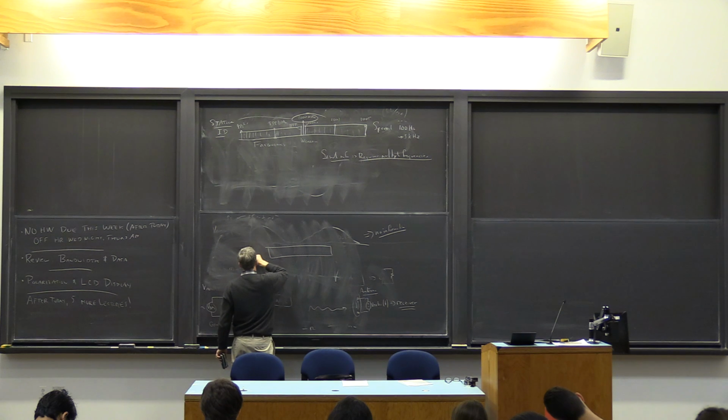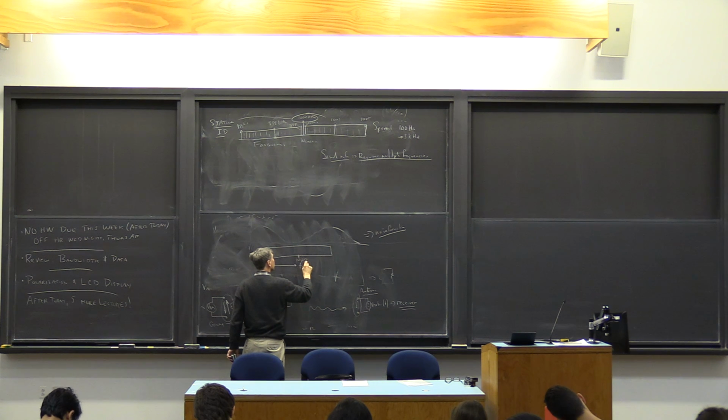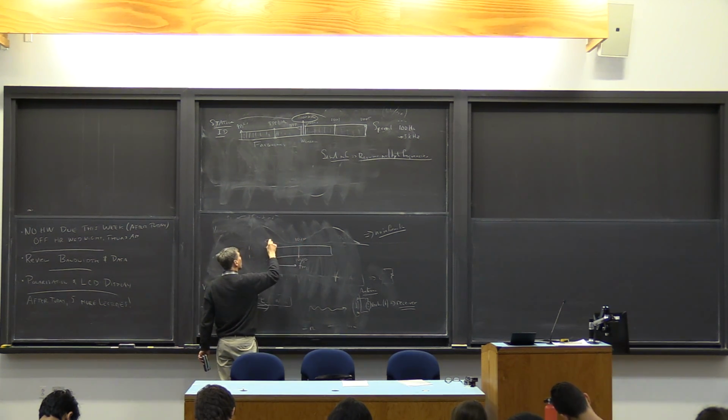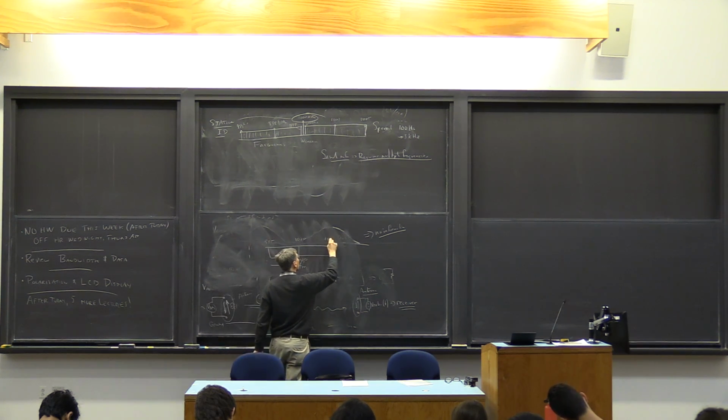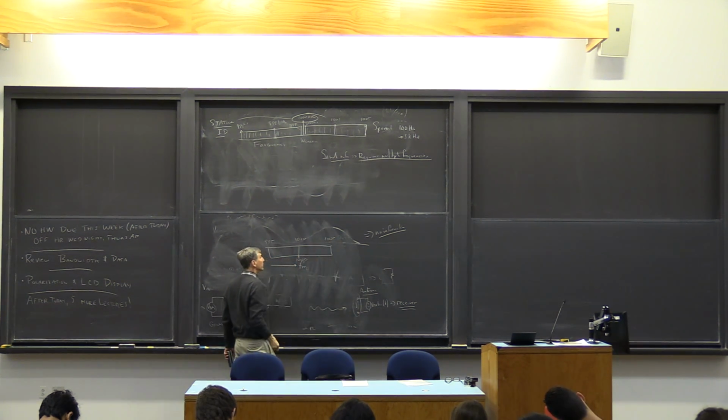So here's, again, frequency in this direction. And here would be 1,000, that's our station number. And we go from 995 to 1,005 for one station.